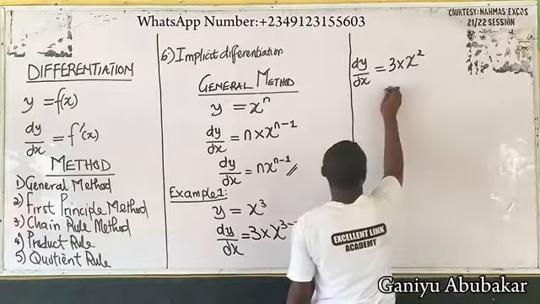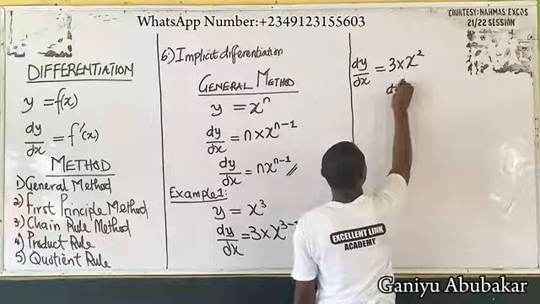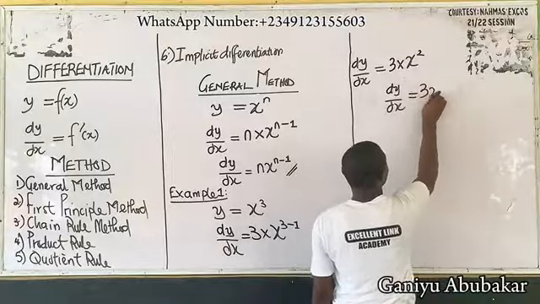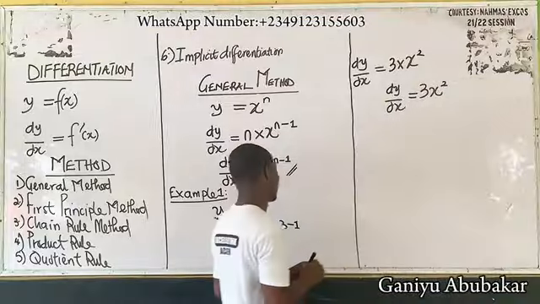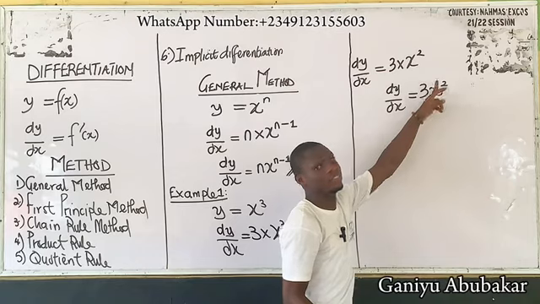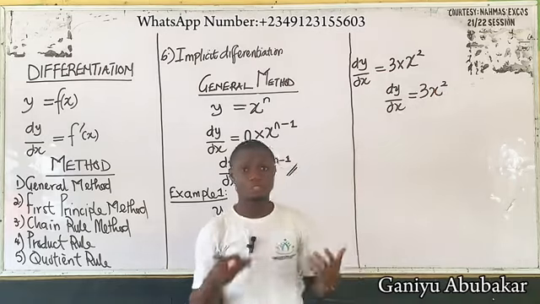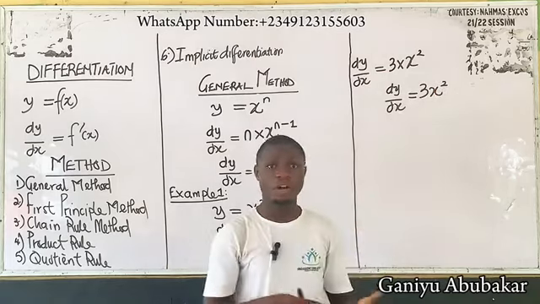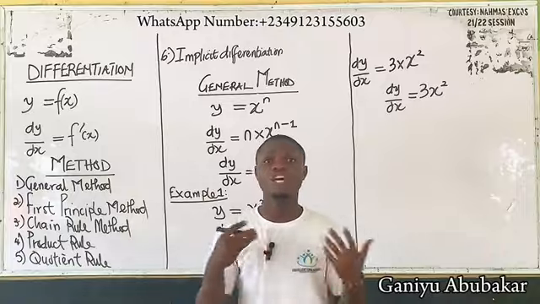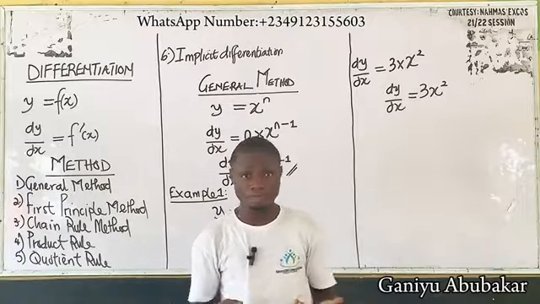From here, multiplying, dy over dx is equal to 3x squared. If I differentiate x cubed, I end up with 3x squared. This is how to differentiate using the general method: multiply by the power and subtract 1 from the power.